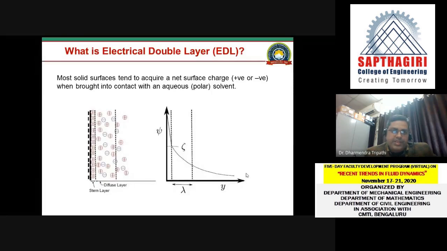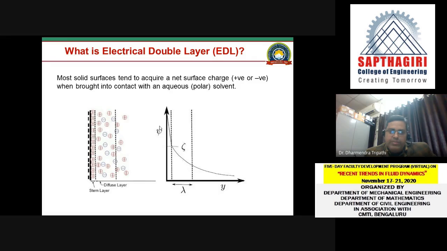So this is related to the electric double layer. As I discussed, there is a diffusion. Up to some level, there is a diffusion of the ions. That layer is known as the diffusion layer. And when we take both the layers together, that is known as the electric double layer. And in this case, we can also see the potential distribution with respect to both the layers.